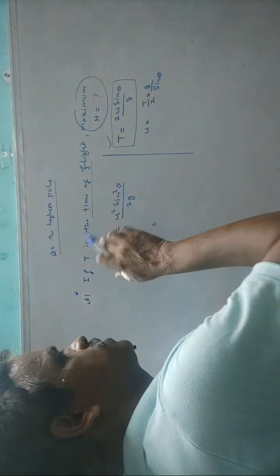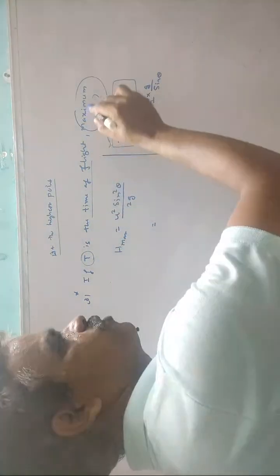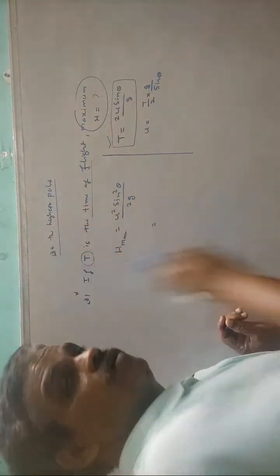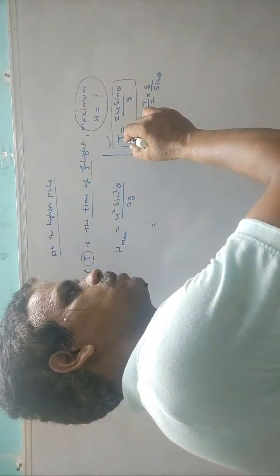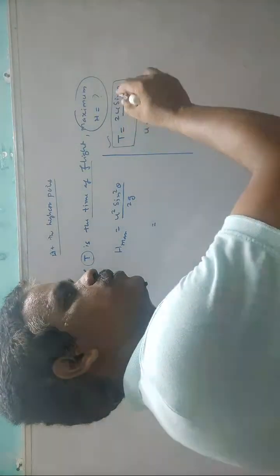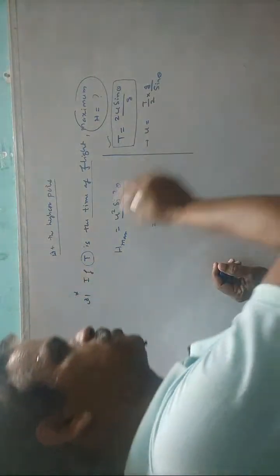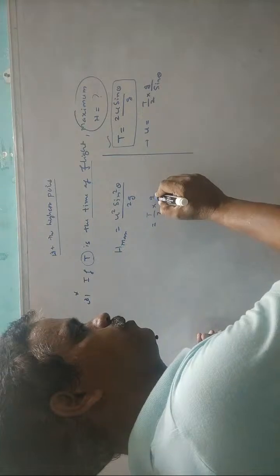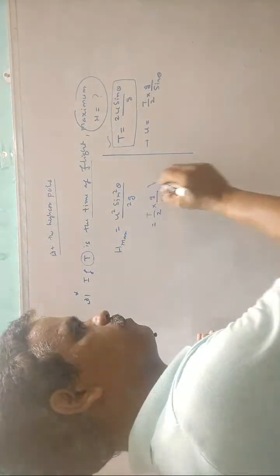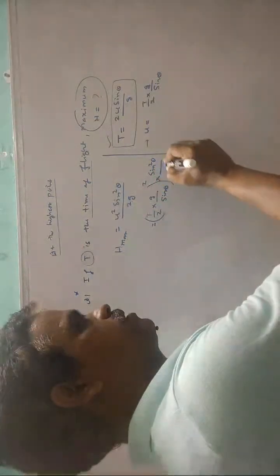What is our question actually? If capital T is the time of flight, what about maximum height in terms of time of flight? From this equation, just write for u, then substitute here: T by 2 into g by sin theta whole square sin square theta by 2g.